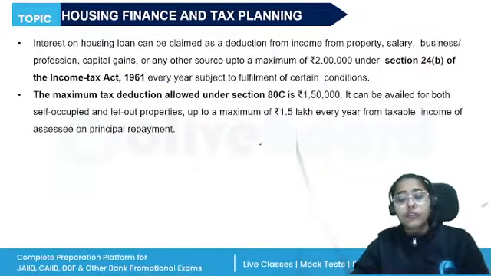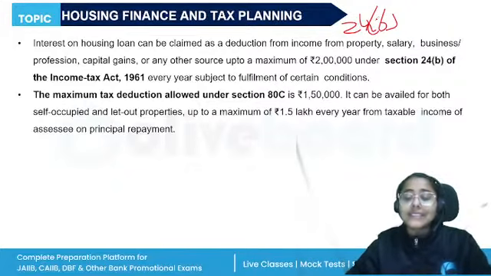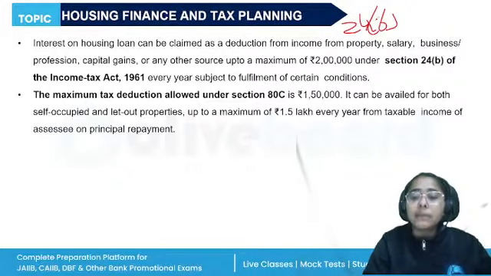So first we have section 24B. This is section 24B of our Income Tax Act. It says that the interest on housing loan can be claimed as a deduction from the income from property, salary, business or profession, capital gains or any other source.